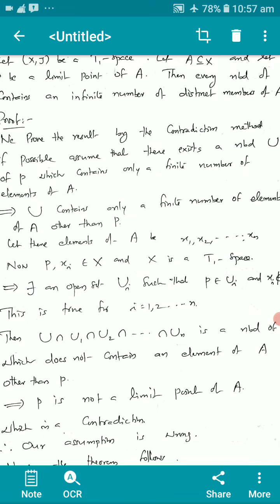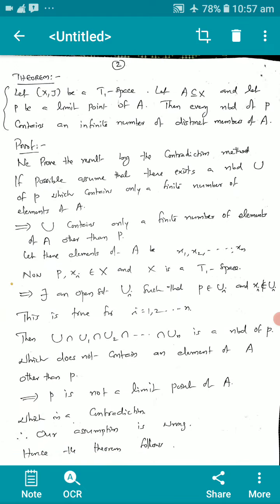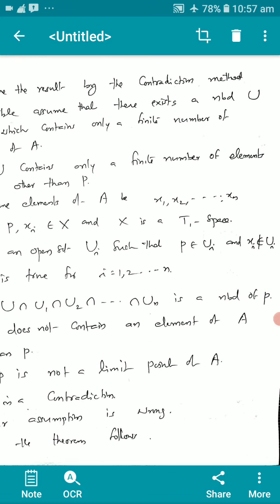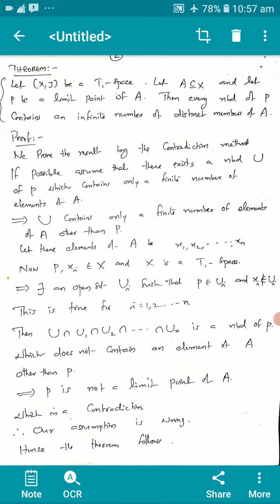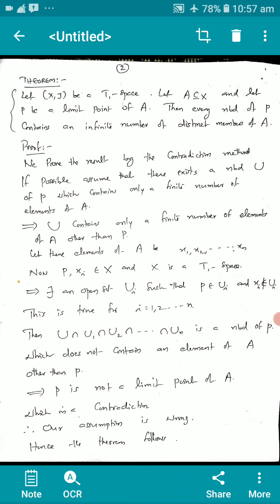Now P is already there, and xi in X for i equal to 1 to n. So P, xi in X and X is a T1 space. That means by definition there exists an open set Ui such that P is an element of Ui and xi is not an element of Ui. This is true for i equal to 1 to n. So we take U intersection U1, U2, etc., Un.